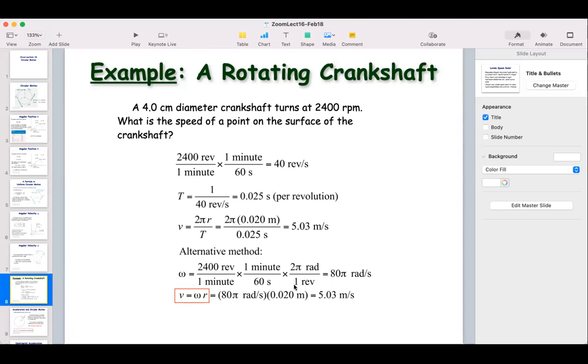If I do that, I'm able to remove revolutions and minutes. And what I have is radians per second. So I have an angular velocity omega of 80 pi radians per second. The velocity, again, is omega r. So we just multiply the omega that we found by the radius. This is an alternative method. So you had 2 methods to do that.